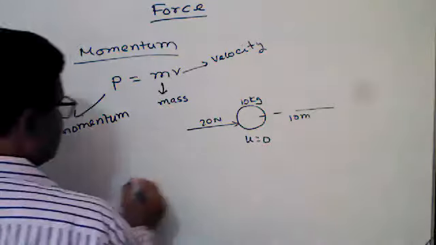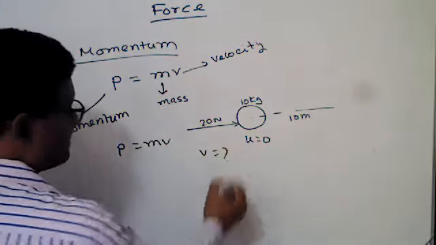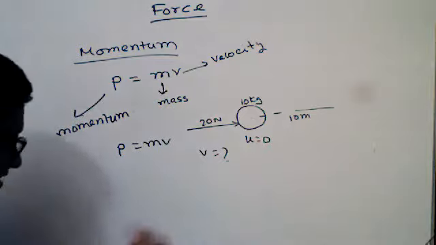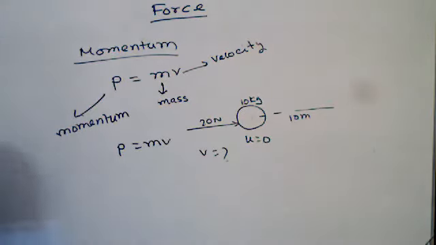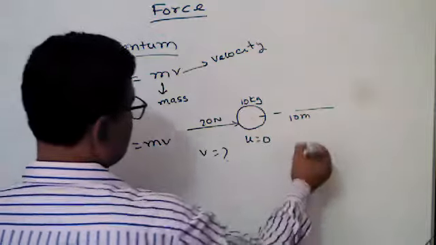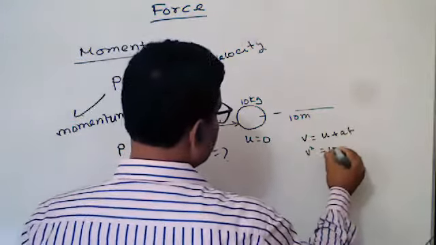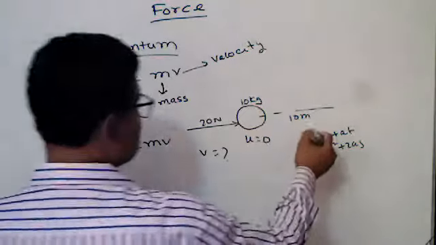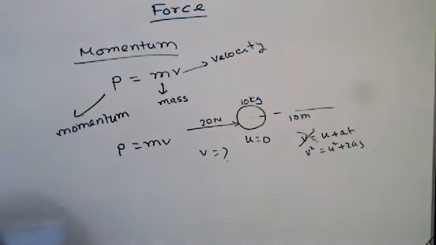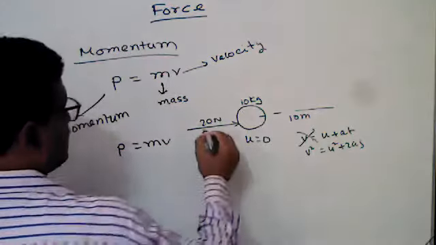You have to remember this, there is p equals mv, but we do not know the value of v. So at first, we have to determine the velocity v. For v, we know two equations, v equals u plus at and v square equals u square plus 2as. Here t is absent, so this equation is not valid. But a is unknown here, so you can determine a.